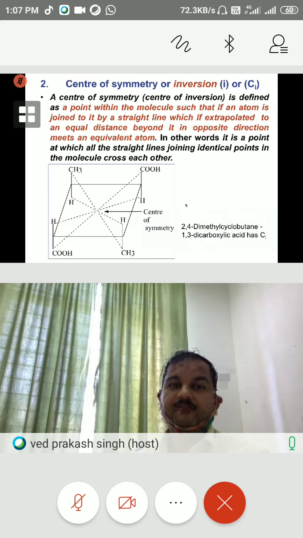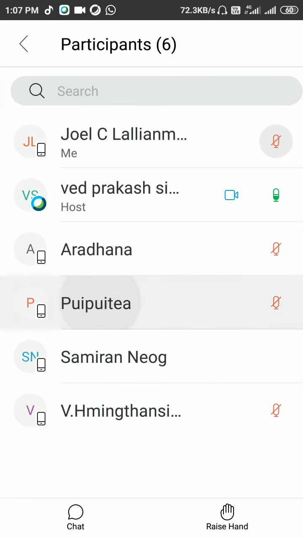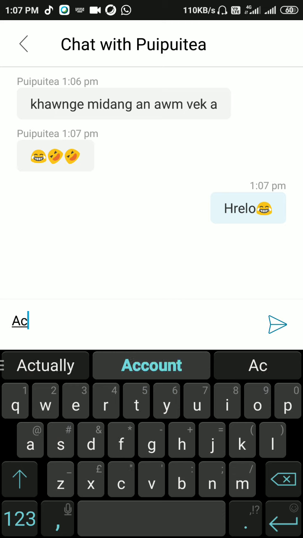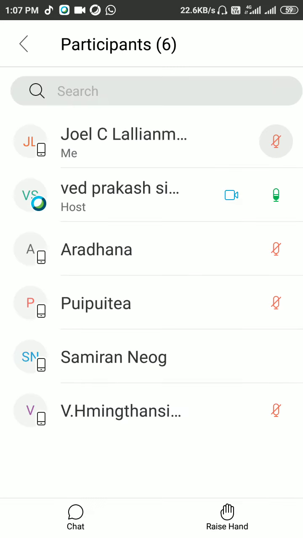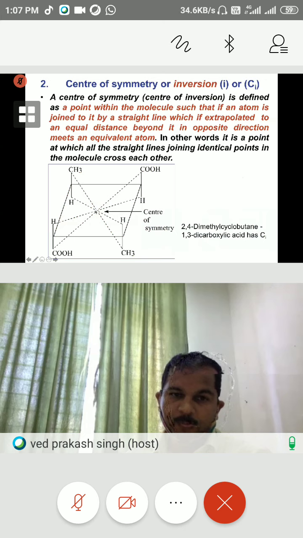For example, here you can see, on both sides you will get the same atom. Any line, any side, you draw a straight line, then after the same distance, this side and this side, you will get the same atom. Then that is called center of symmetry or inversion.